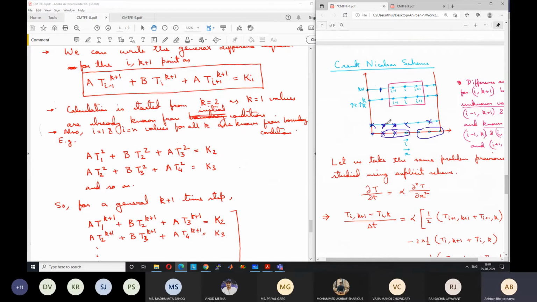So what we will have is n minus 2 equations with n minus 2 unknowns, which we can solve together.